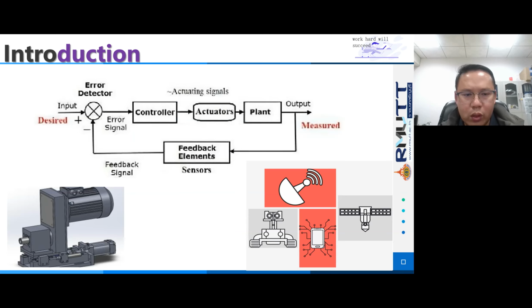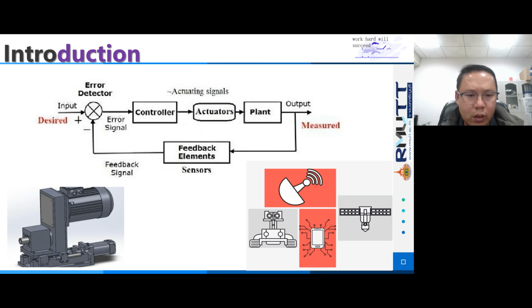A closed-loop control system for a rotational system is designed to control and maintain a desired rotational position, velocity, or torque.